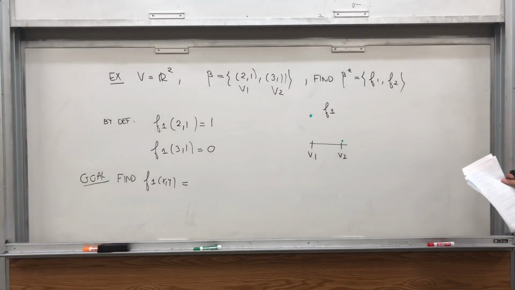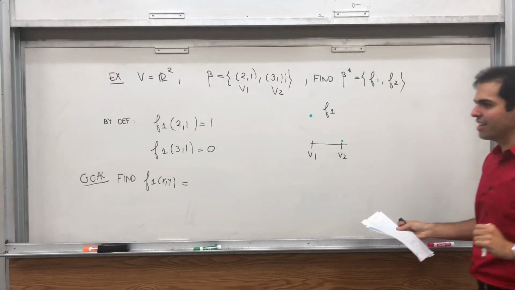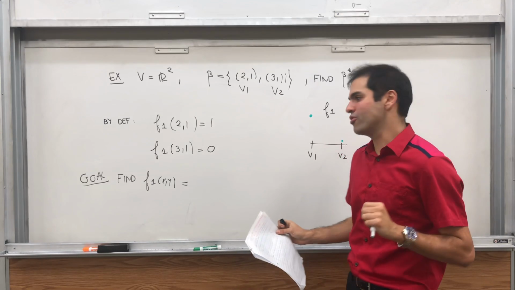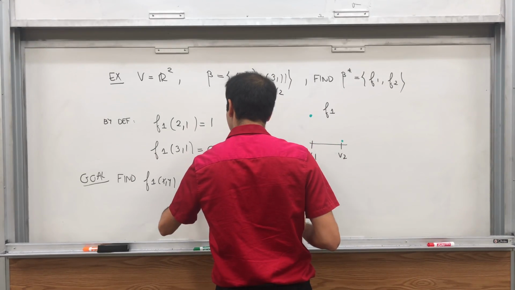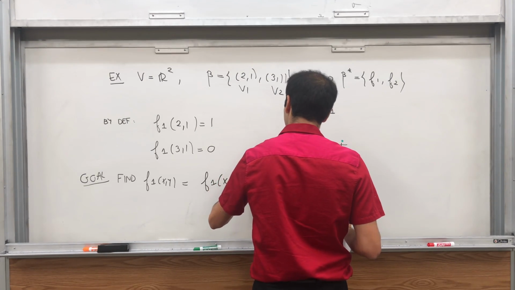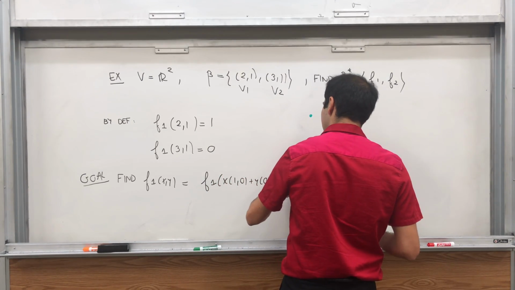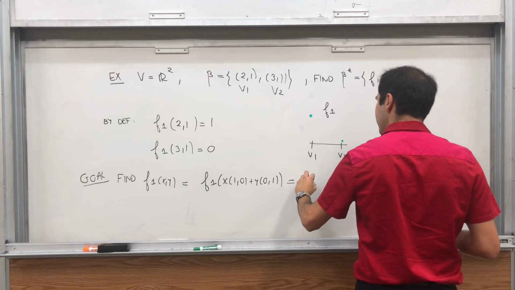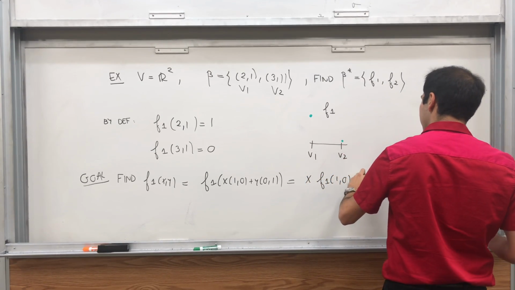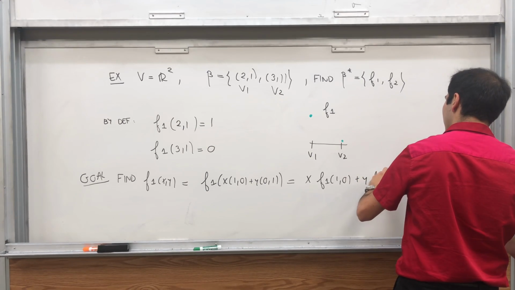But it turns out it's very easy to find that formula, because remember, the fi's are linear transformations. So in particular, (x, y) is x times (1, 0) plus y times (0, 1). And because f1 is linear, that's x times f1 of (1, 0) plus y times f1 of (0, 1).